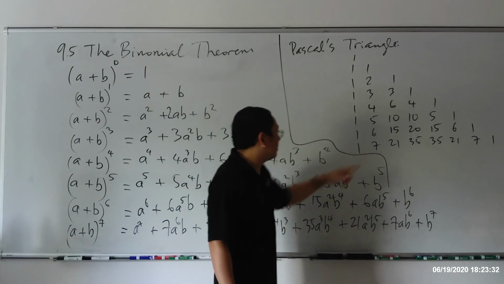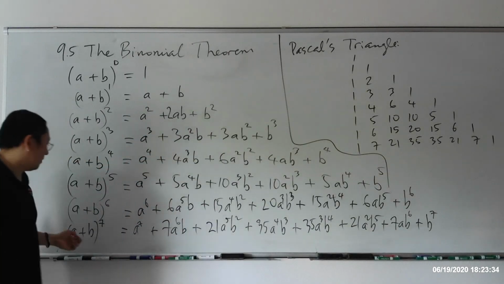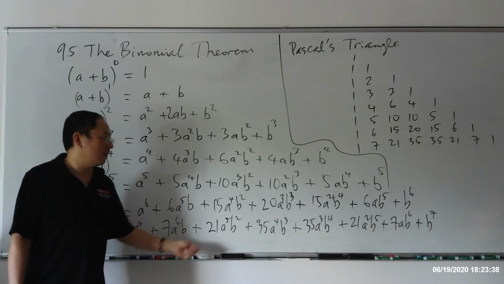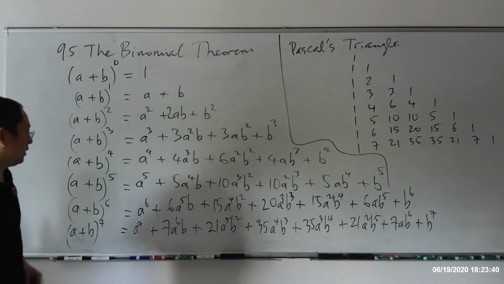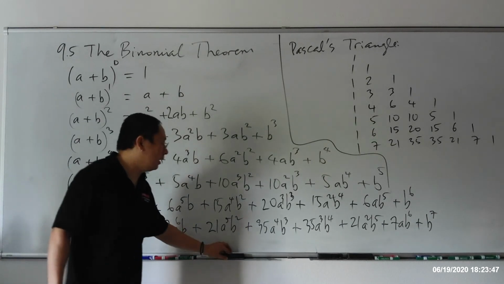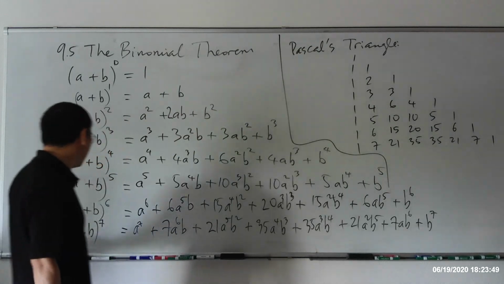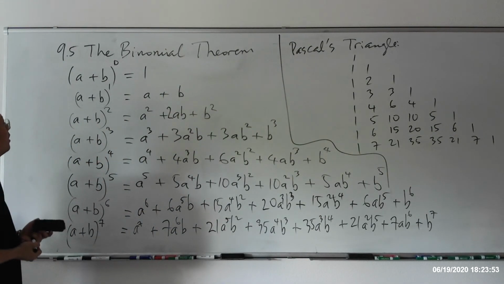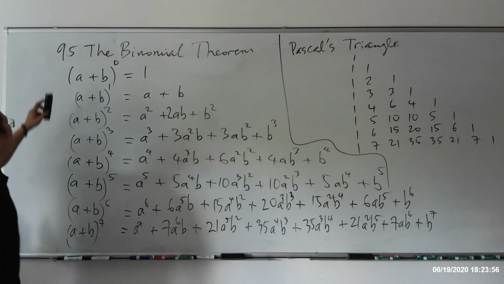The triangle tells you the coefficient, and the terms a and b follow the rules: the exponent of a keeps going down, the exponent of b keeps going up, and you fill in the coefficient numbers. Then you have the expansion of a binomial. Okay? But we're going to be better than this. We don't stop at a couple of small exponents. We can have the formula or the theorem for a plus b raised to the n in general.